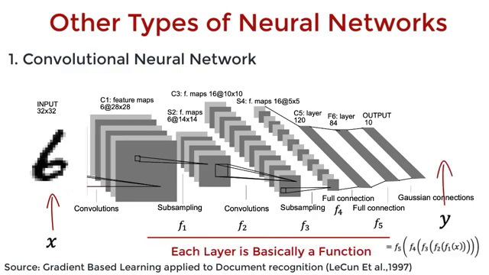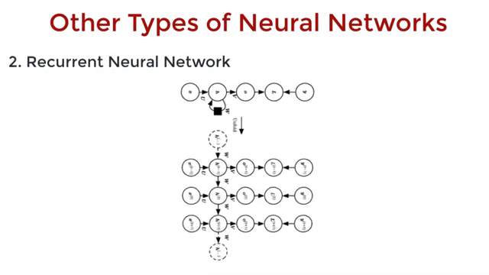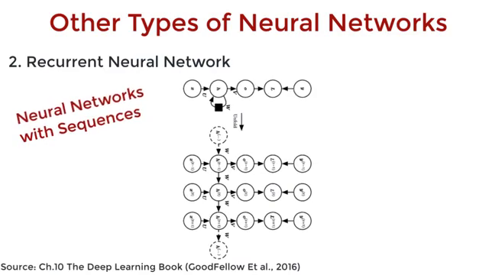The digit recognition problem that I talked about before can be solved with CNNs with an accuracy of over 99.99%. Another type of neural network is the recurrent neural networks. They deal with data in the form of sequences. Now, sequences are pieces of information that have a defined ordering.